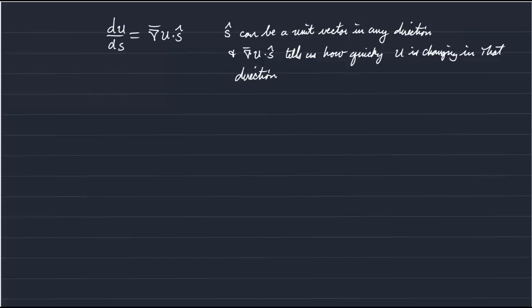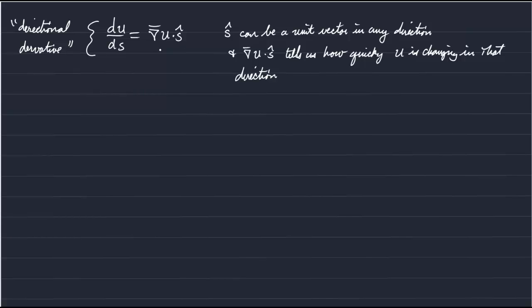And so for that reason, this is often called the directional derivative. It's a directional derivative. So that's one usage, or one property, of the gradient applied to a scalar quantity or a scalar field U.